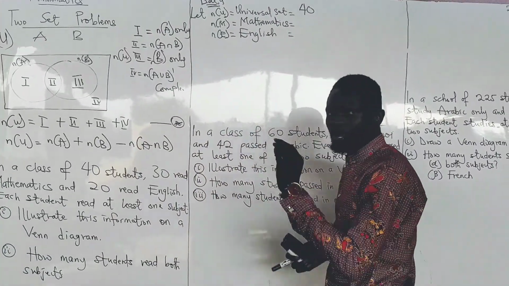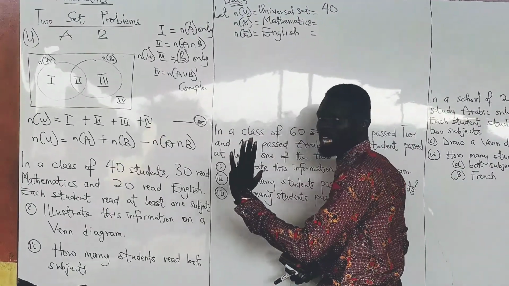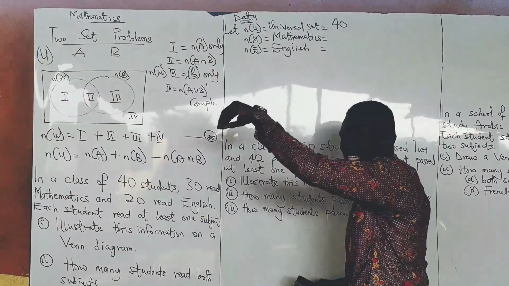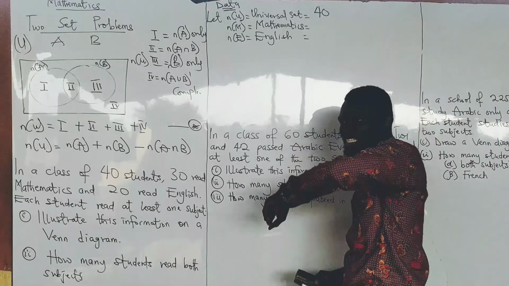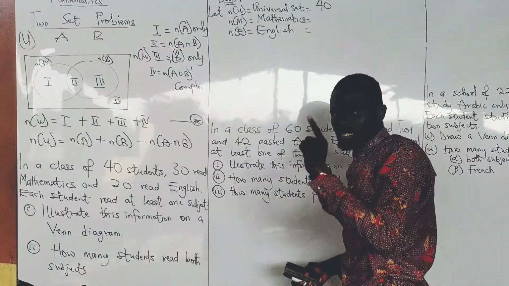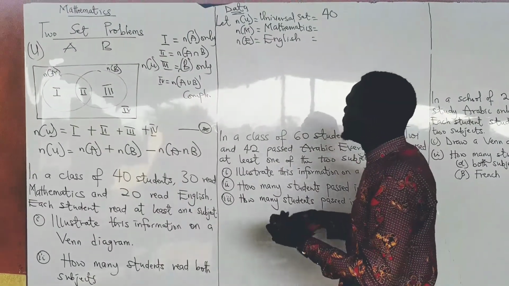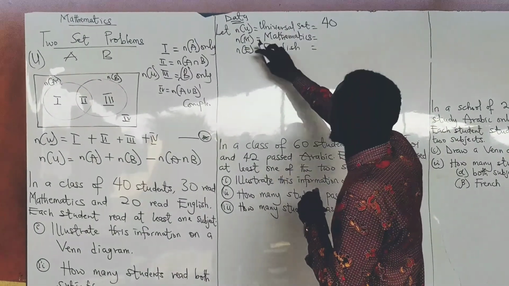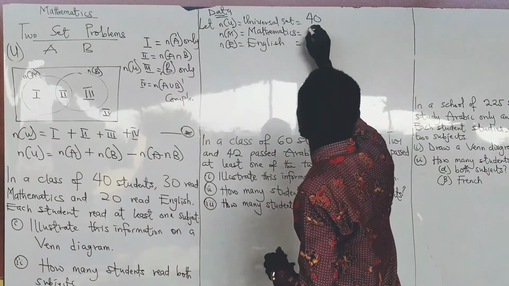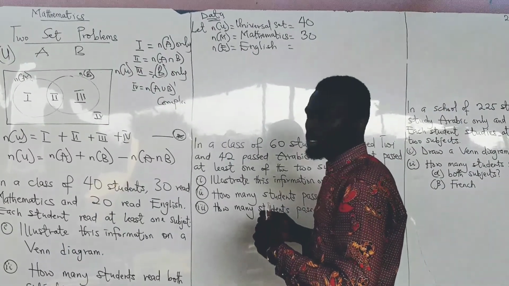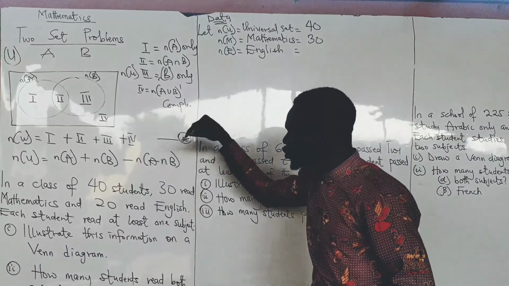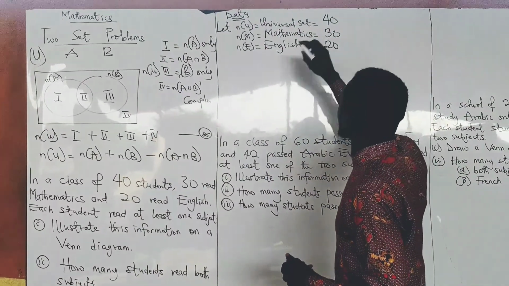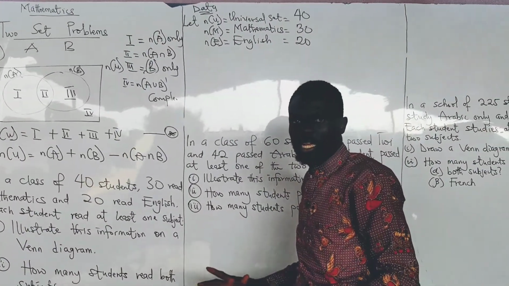In a class of 40 students, the total number of students is 40, which is the universal set. 30 read mathematics, so the number of students that read mathematics is 30. We've written here that the number M, which is mathematics, is equal to this, and from the question, it is 30. Then it says that 20 read English, so we write it here as English: 20 of them read English.